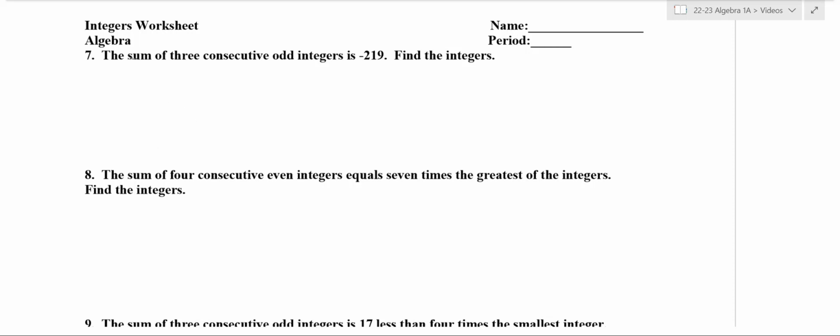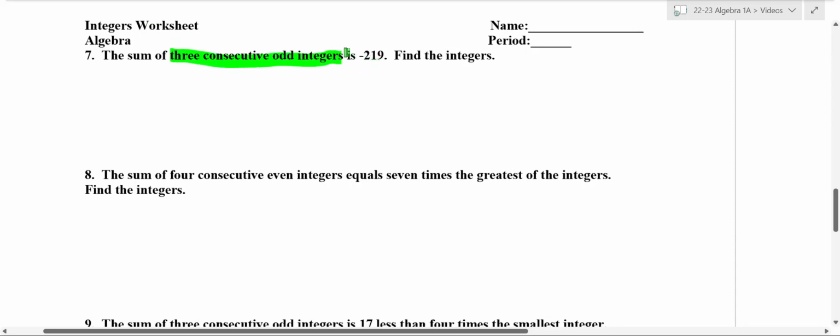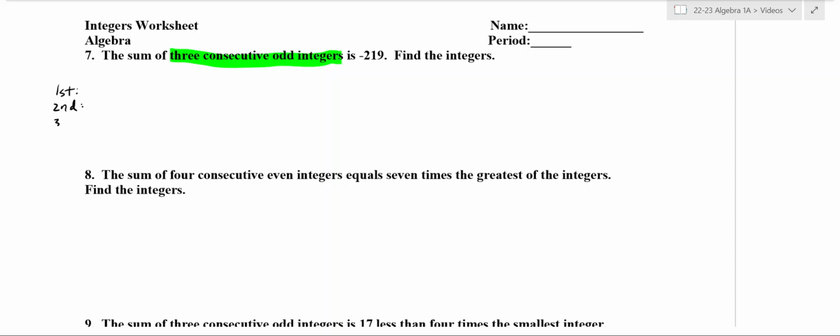Okay, so in this problem, we have the sum of 3 consecutive odd integers. And we know the sum is negative 219. All right, so first you get ready with your numbers. You know you're going to have 3 of them, and they're odd integers.